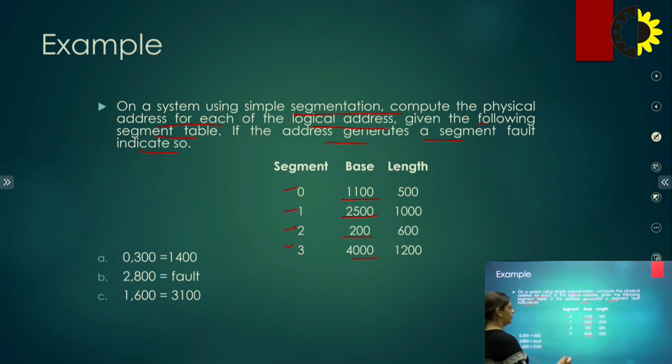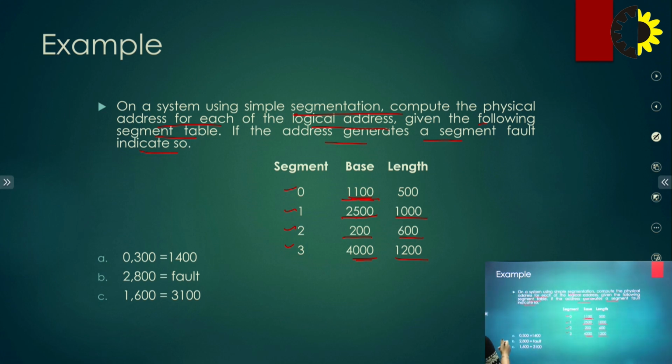This is the length, meaning the segment starting from 1100 has length 500. So a program of size 500 can be fitted at the starting address 1100, and a segment of 1000 can be fitted at 2500. Similarly, 600 can be fitted at address 200, and size 1200 can be fitted at address 4000.